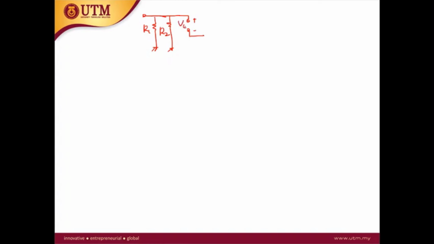This is the VGS. This is RS. GM VGS. This is RD1, and we have here RD2. Lastly, we have the load RL.